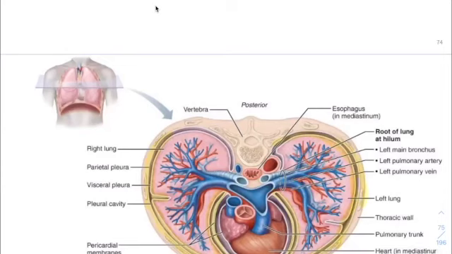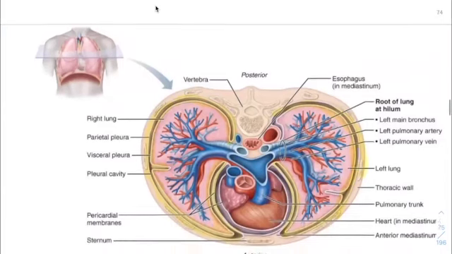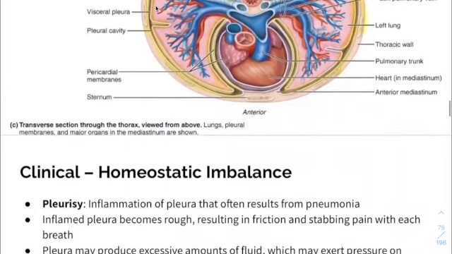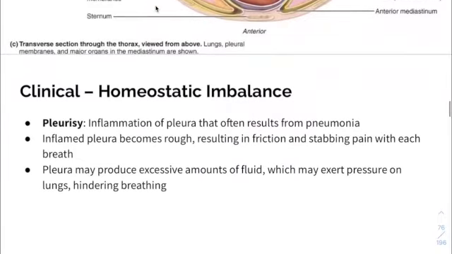This is what helps to keep your lungs functioning smoothly. If you've ever heard of pleurisy, it's where that pleura gets inflamed. It happens with pneumonia. It causes some friction in the area.